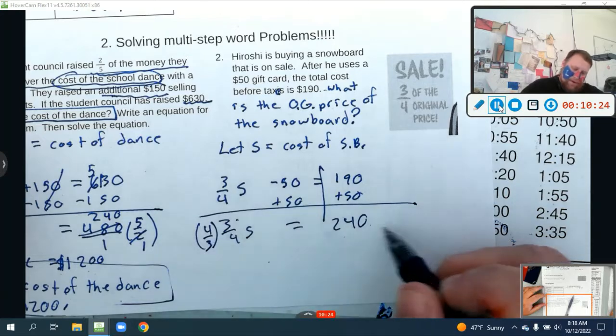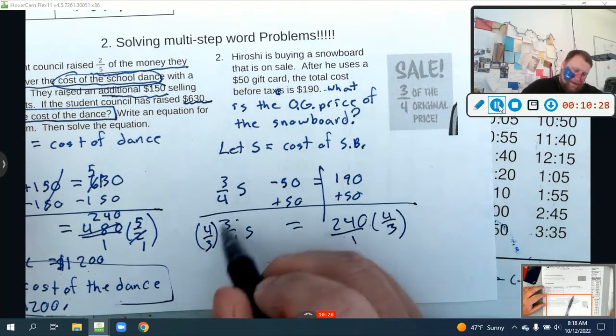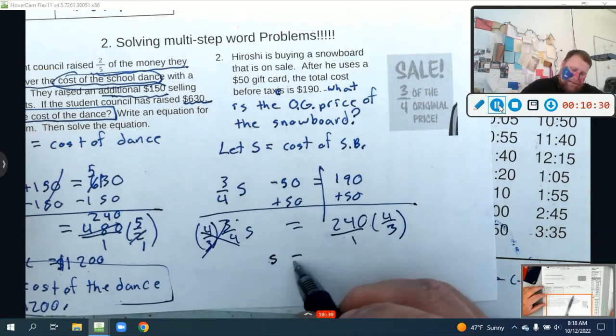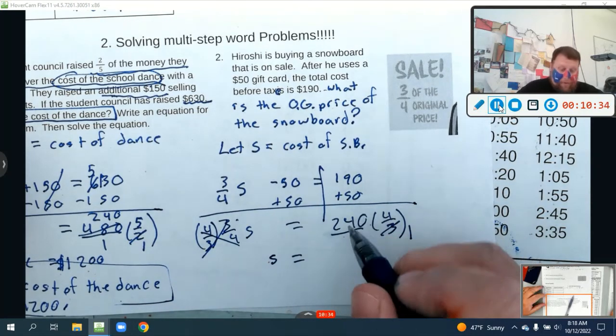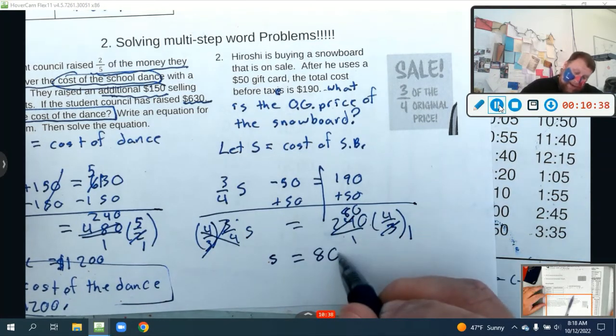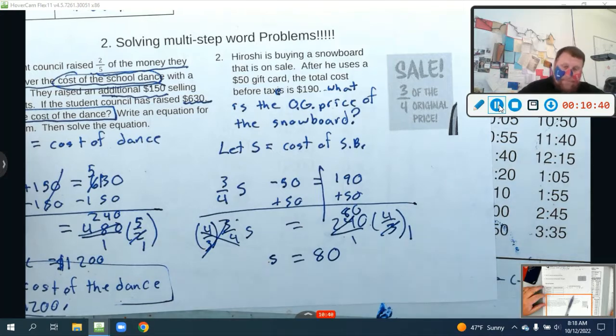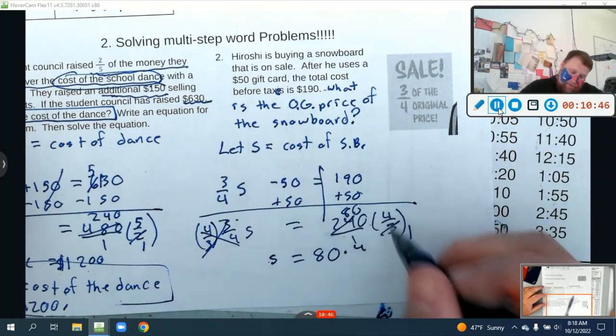4/3. I always write this over 1 to help me space it out. Those cancel out, and I get S equals 3 goes into 3 once, 3 goes into 24 8 times, and we got a 0. Boom, 80. S equals 80, times 4, right? Because we got to do times 4 right there.